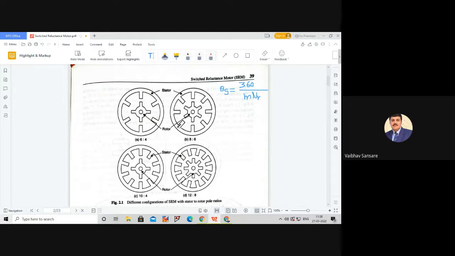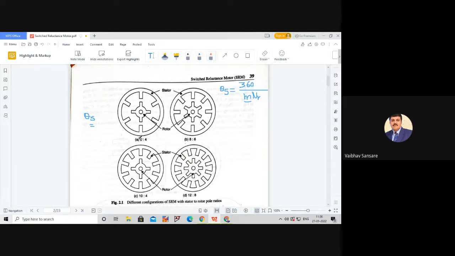So let's take the first configuration, 6 by 4. What will be the value of the step angle theta s for this configuration? It is calculated as 360 degrees divided by the number of stator phases multiplied by nr.